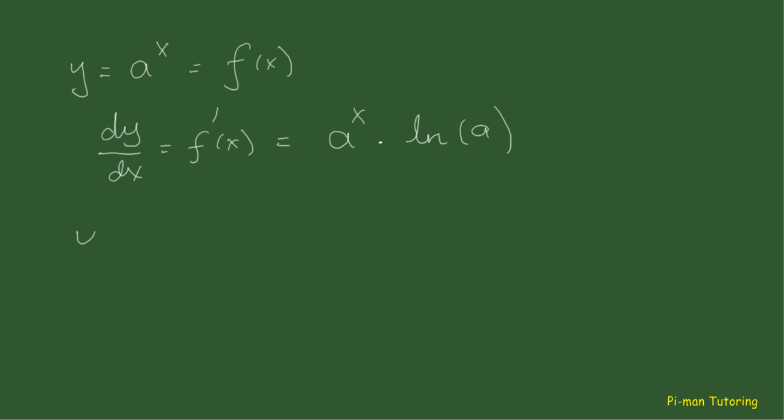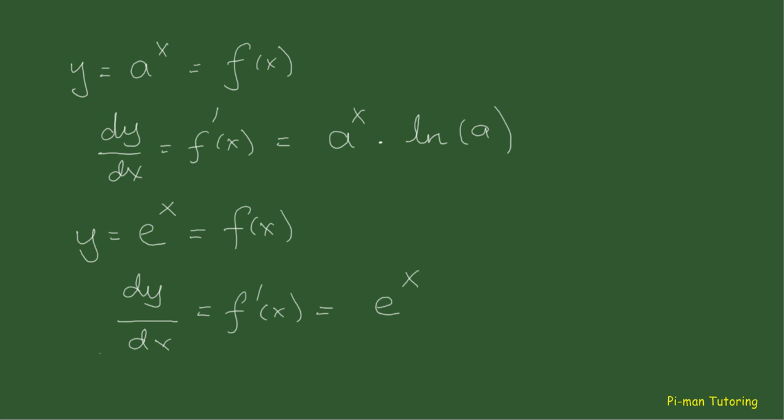And therefore, if y is equal to Euler's number to the power of x, then we have the special case that the derivative f dashed of x is equal to the original function.